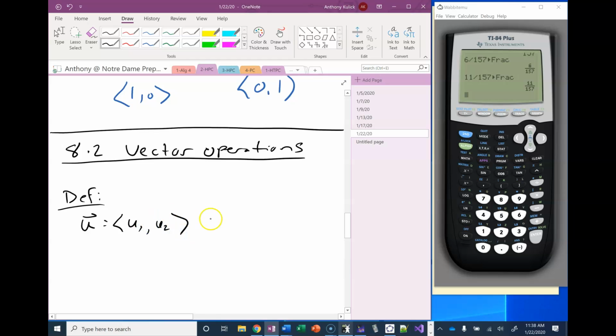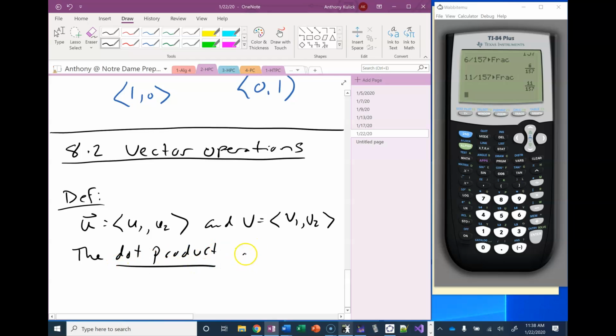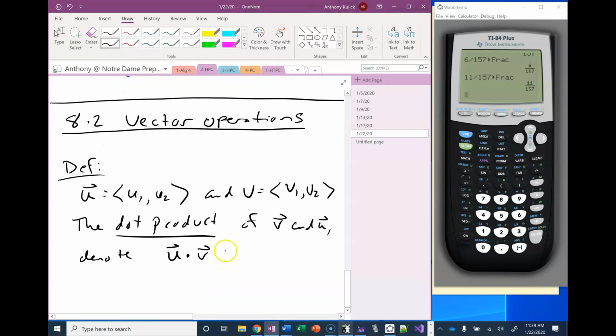So if u is the vector <u1, u2> and v is the vector <v1, v2>, we say the dot product of v and u, which we denote as u dot v, is found by u1 times v1 plus u2 times v2.